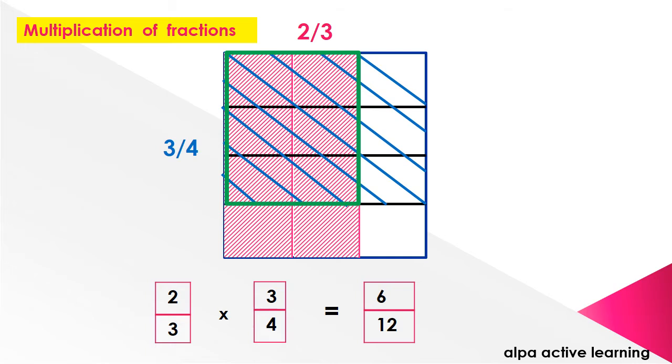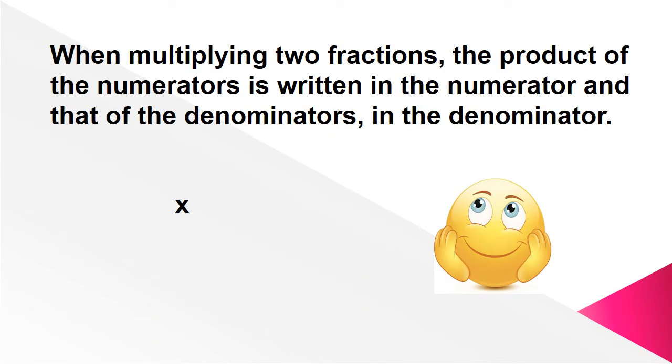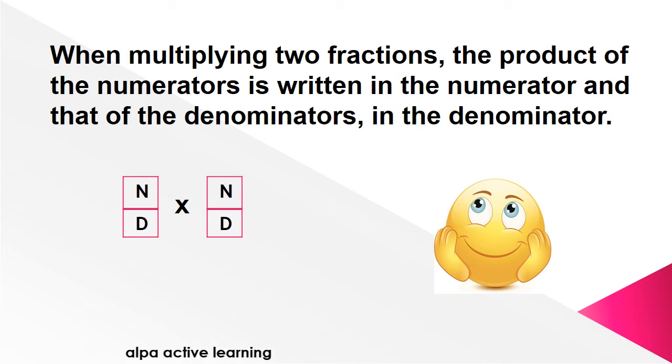So what we have done actually children, when multiplying two fractions, the product, the answer we get after multiplication, is the product of the numerators written in the numerator and that of denominators in the denominator. That means we have two fractions with numerator and denominator.